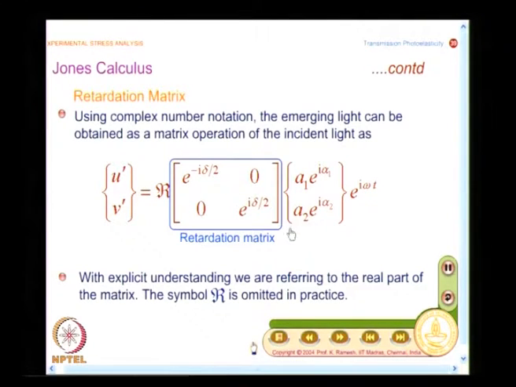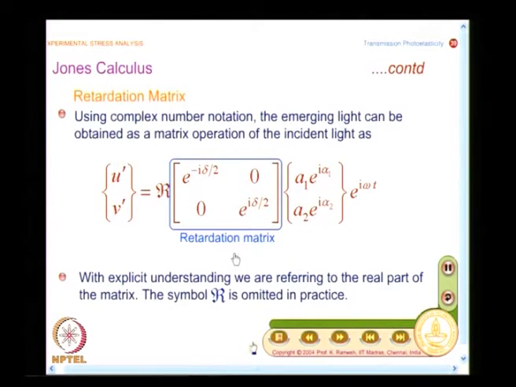And this is the general light that is impinging on the retarder. This is what happens inside the retarder, within the model or within the crystal plate. The ordinary and extraordinary beams acquire a phase difference of delta, which is represented as one half split to the slow axis, another half split to the fast axis.